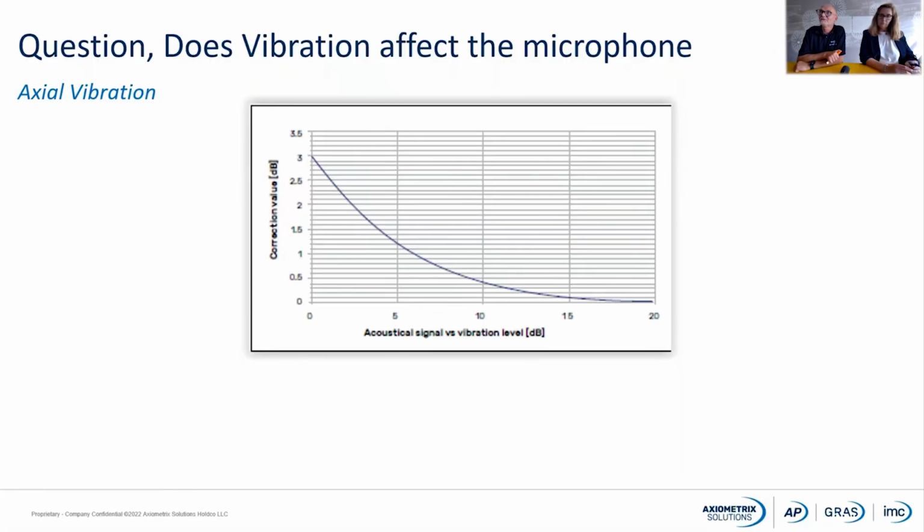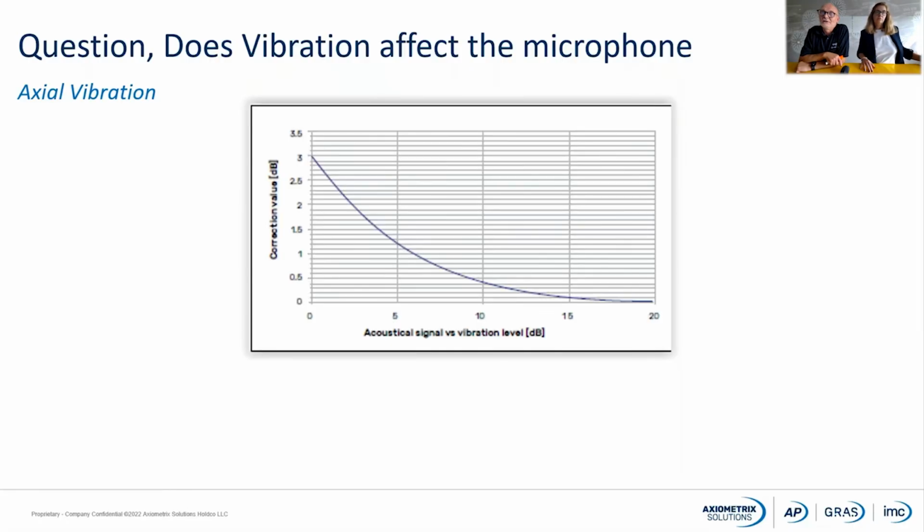When you know that, then you can calculate with the actual vibration signal you have, and you will find the level you are generating by the vibrating signal. And then with the microphone, you will measure the acoustical noise plus the noise coming from the vibrating object, and then you can subtract these two from each other.